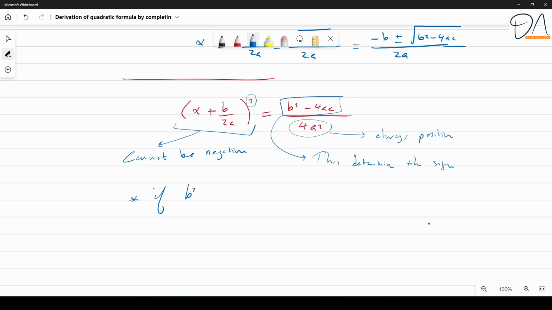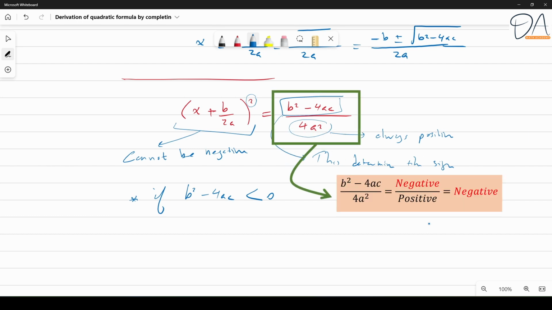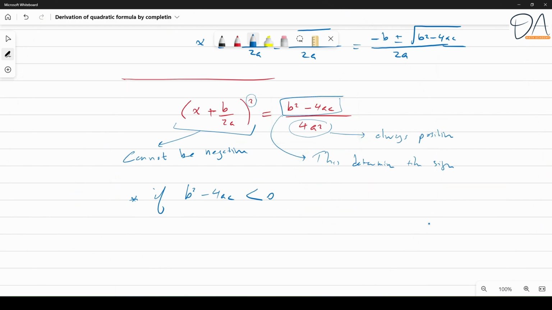If b squared minus 4ac is less than 0, it's a negative quantity. Then the right-hand side will also be negative, because a negative divided by a positive gives you negative. What this means is that the equation will be something like this: some negative number.